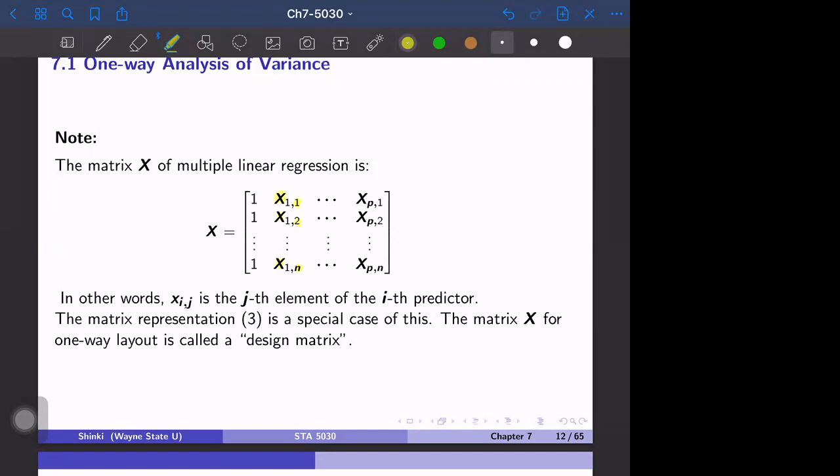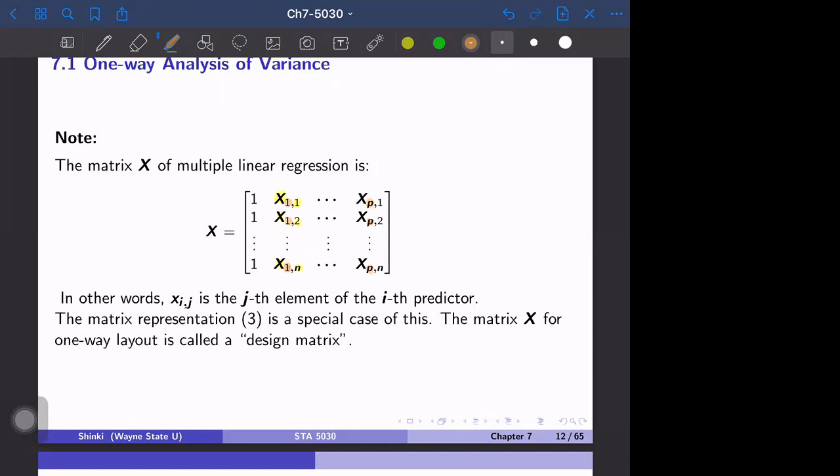So we need an index to represent the first predictor, second predictor, and third predictor. So we write x11, x12 to x1n. Then the p-th predictor has values xp1, xp2, and xpn.